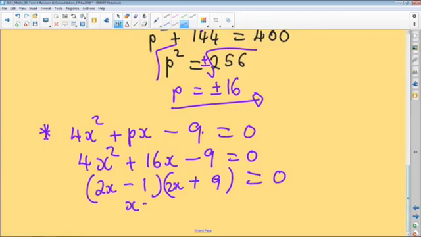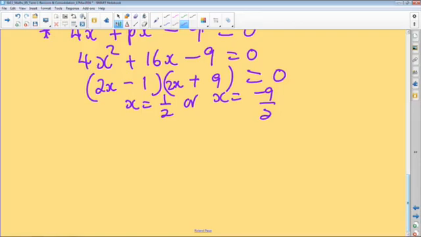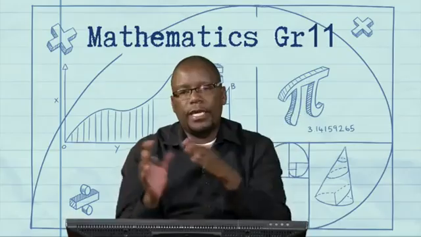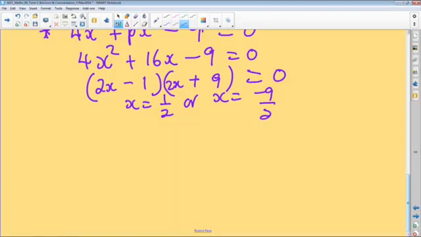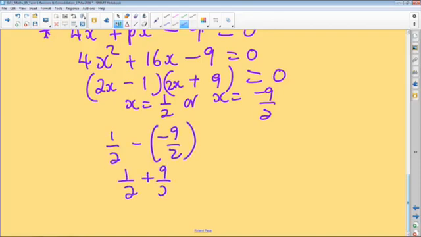So your x is a half, or x is negative 9 over 2. And then you check with your values, if you've answered the question, what is the difference between the two roots? How do you work out the difference, one minus the other? So you'll have 1 over 2 minus negative 9 over 2. You get a half plus 9 over 2, which is 10 over 2.